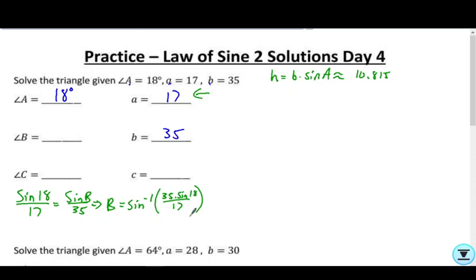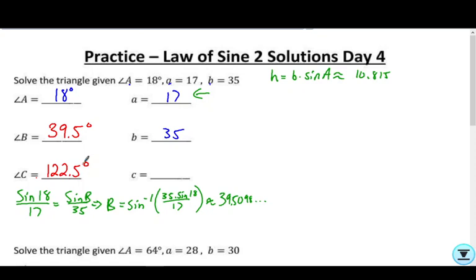Plug it in, and you find that angle B is approximately 39.5098 and so on. So this is 39.5 degrees. Okay, then we have angle C. Since we have two angles, we subtract both of those from 180, and we get 122.5 degrees for C.